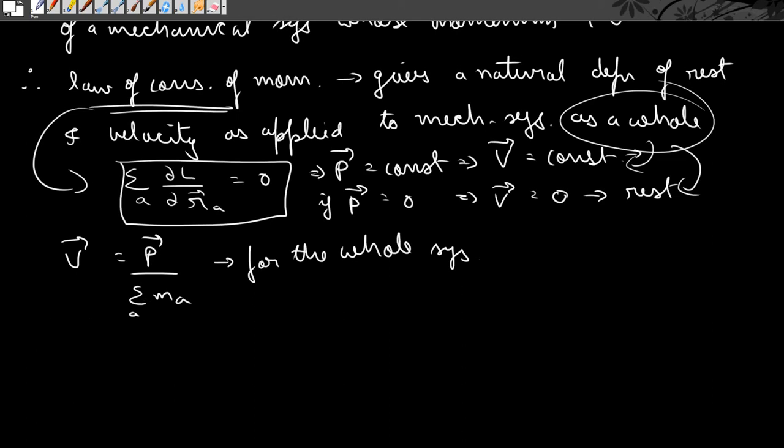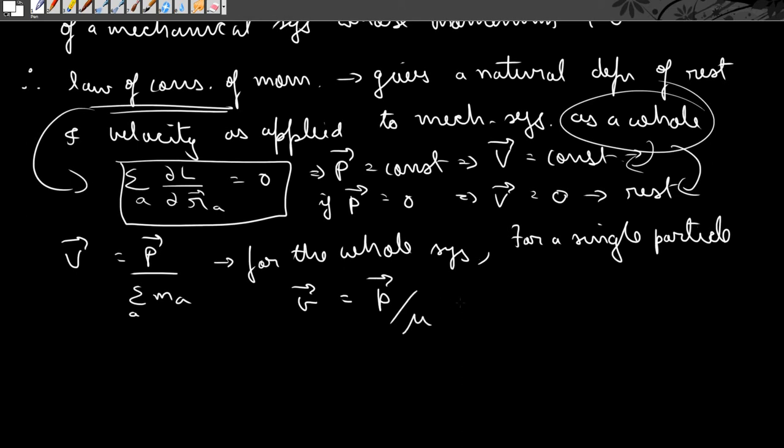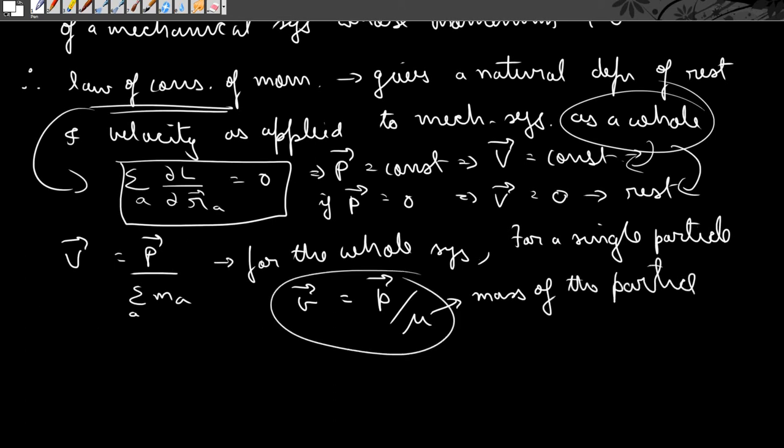But for a single particle, we know that the velocity is given by the momentum of the particle divided by mu, where mu is the mass of the particle. Now if you compare this equation and this equation, what will we see?